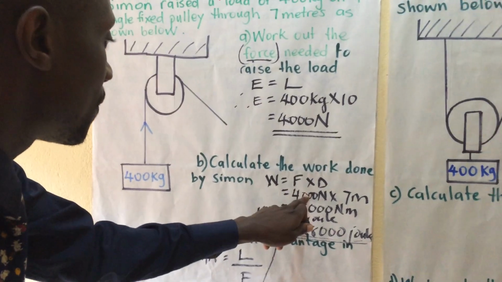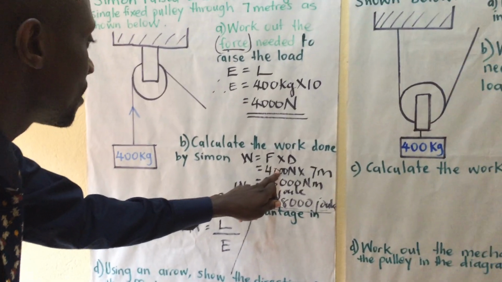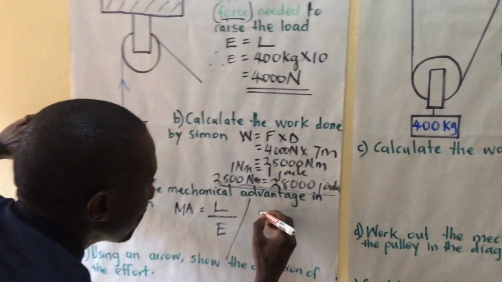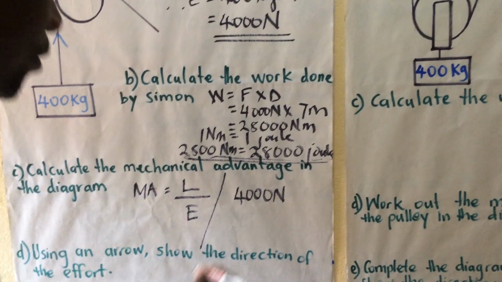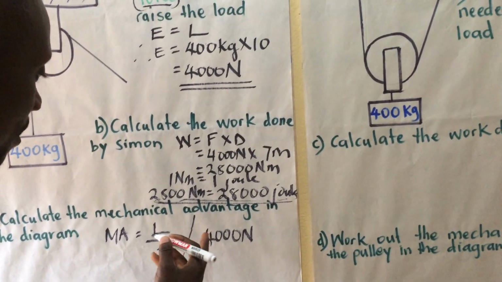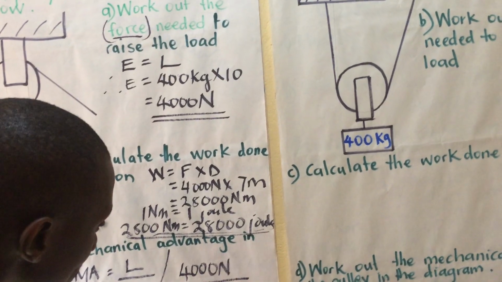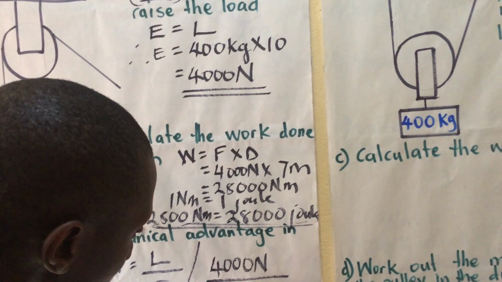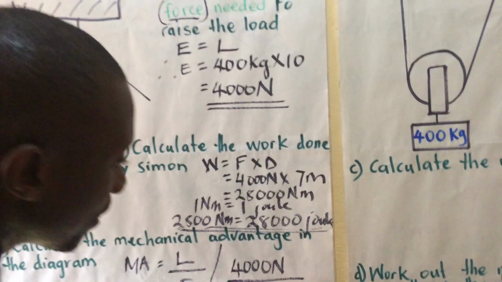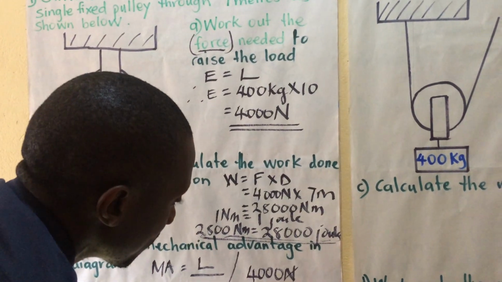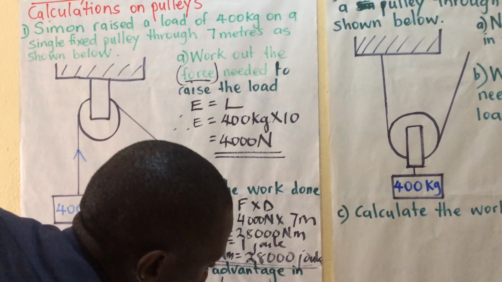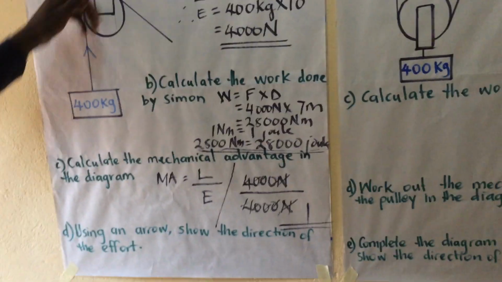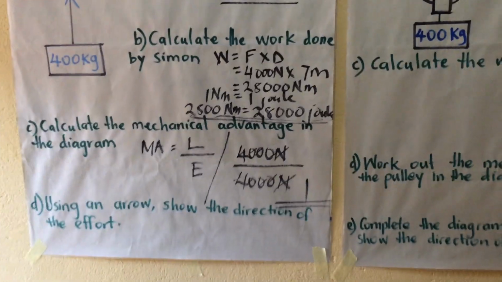We have 4,000 newtons as the load, and the effort, load is equal to effort, still 4,000 newtons. Divide that, we shall get 1. And like we said, the mechanical advantage of a single fixed pulley is 1.